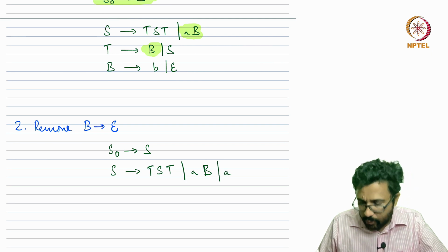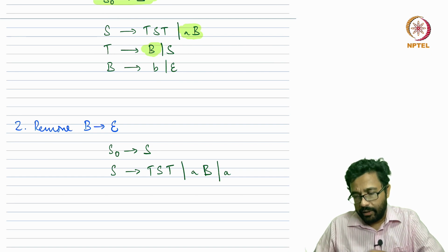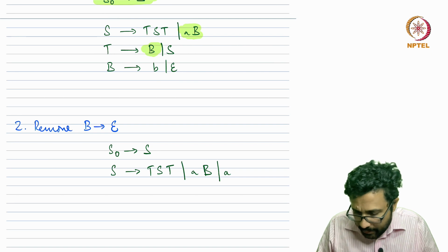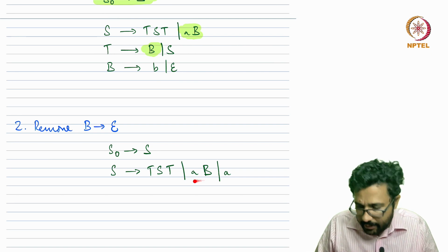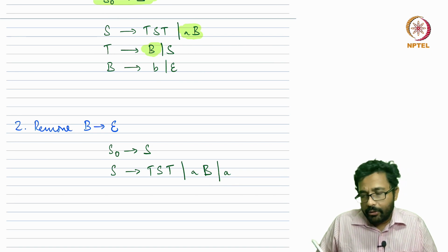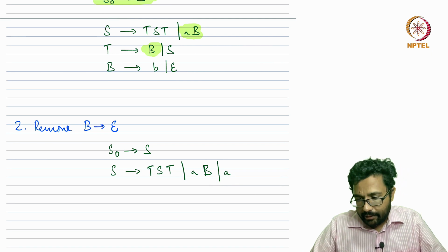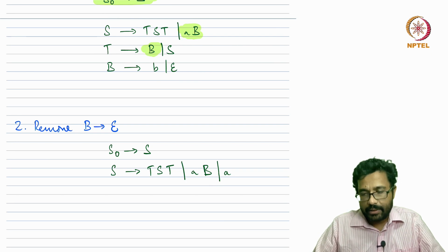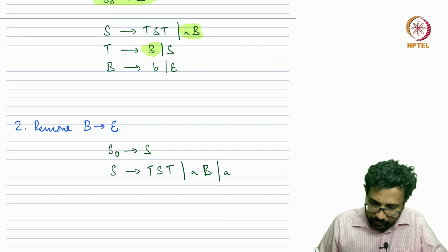So what would happen if B goes to epsilon? If B went to epsilon, this AB would have been just small a. So we just add a rule, small a, to take into account the effect of B going to epsilon.